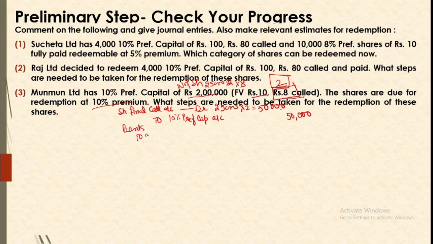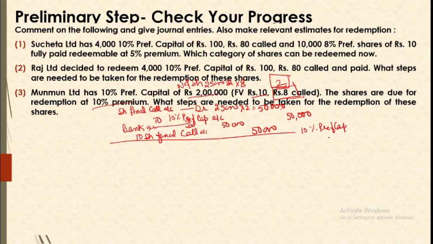So bank to share final call account. Bank account debit to share final call 50,000. So the effect is that once you make this call due and received, your 10% preference capital will now be 25,000 shares of 10 each fully paid. Okay, so 2,50,000. So this is your capital to be redeemed.